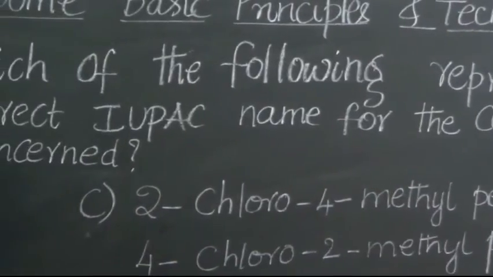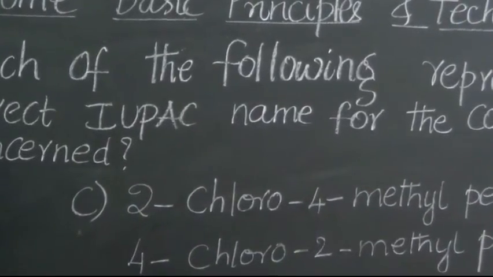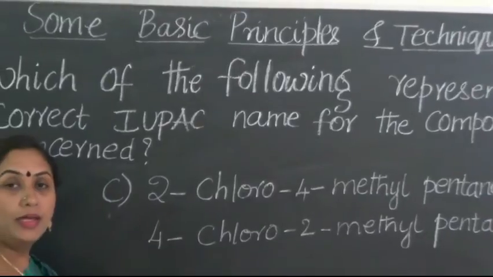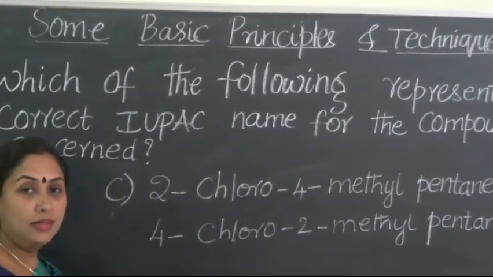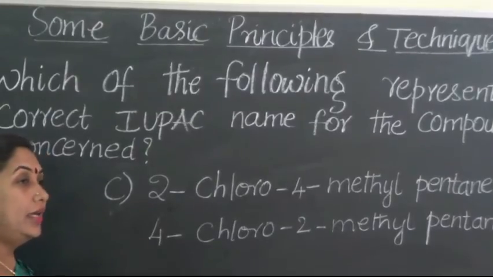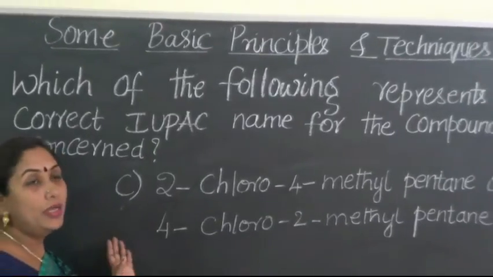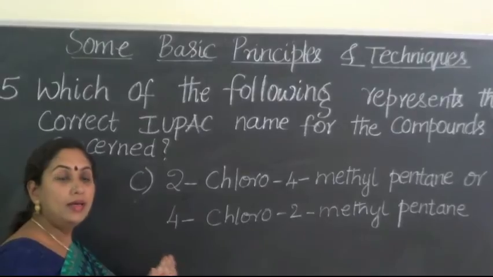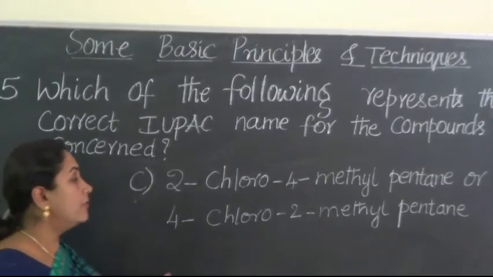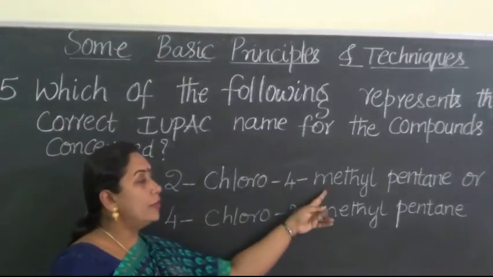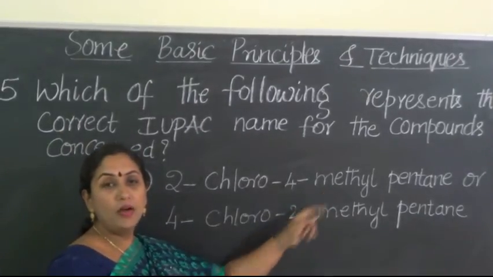Now again I repeat. In case we have the substituents at equal positions, then we should give the substituent which comes alphabetically first the lowest number, and then the next number for the next alphabet in the alphabetical order.